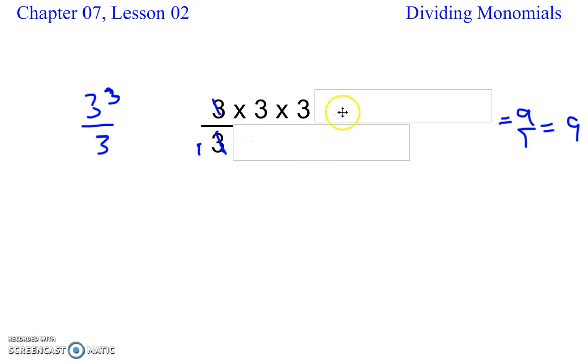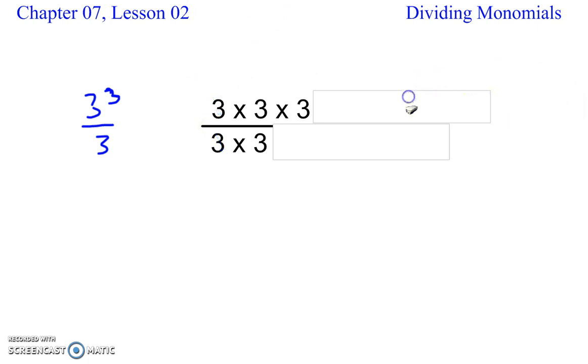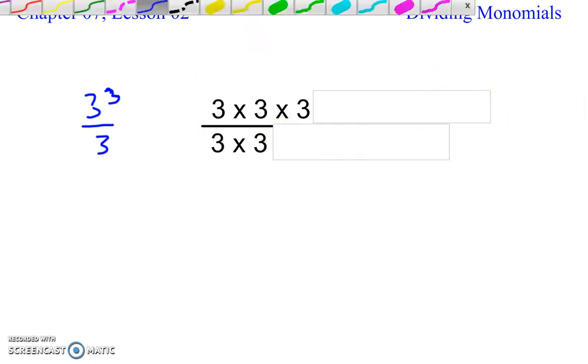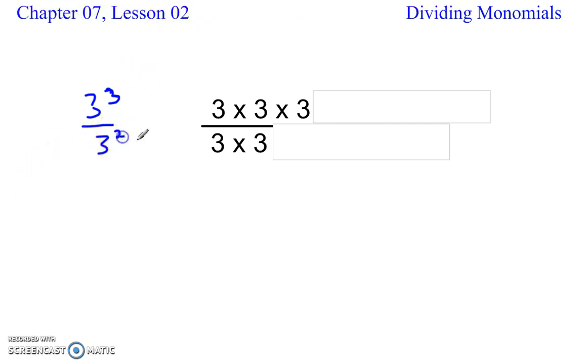But what if I expand it in the denominator? Now if I have 3 times 3 times 3 over 3 times 3, that's 3 to the third power over 3 squared.